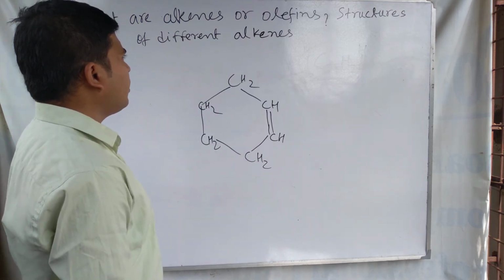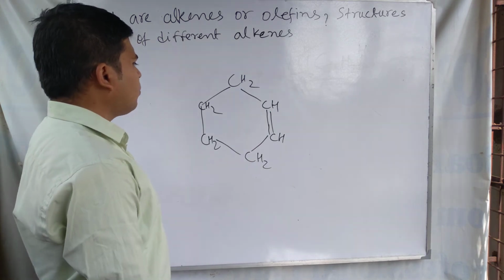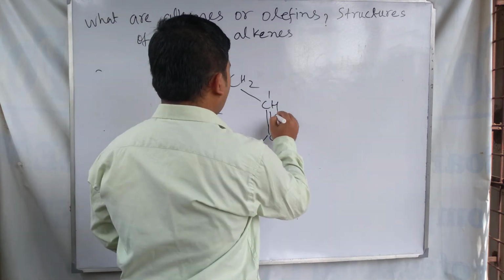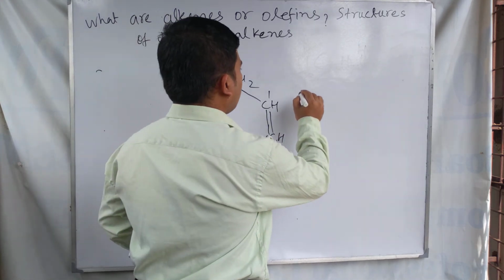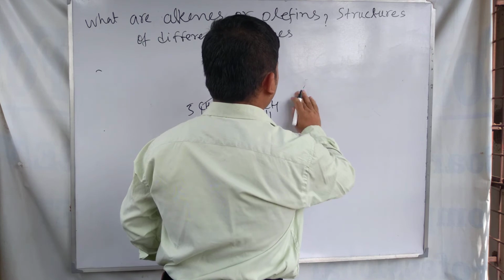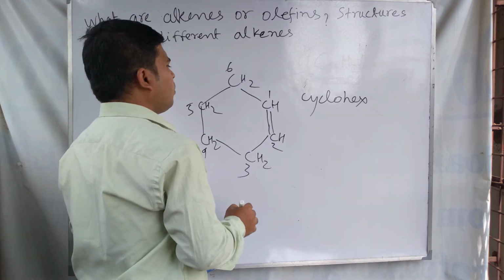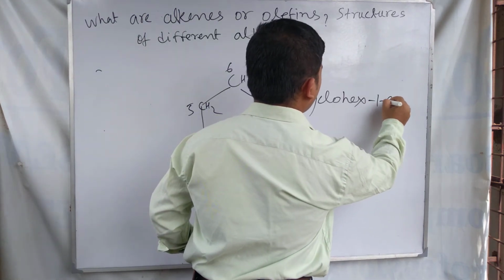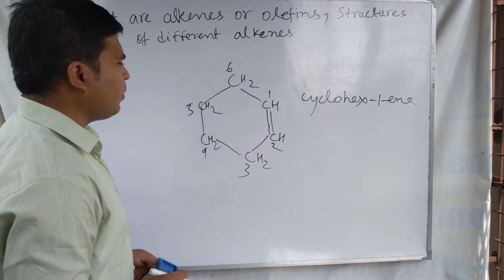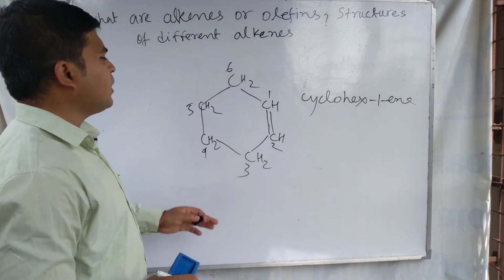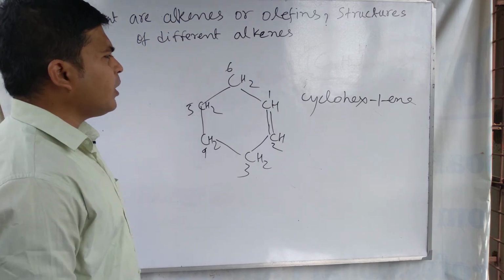Numbering 1, 2, 3, 4, 5 and 6, the total number of carbons is six, hex, and before hex we add cyclo, and since one position has a double bond, it is cyclohex-1-ene. Cyclohexene is the IUPAC name of this alkene molecule. This is a cyclic alkene.